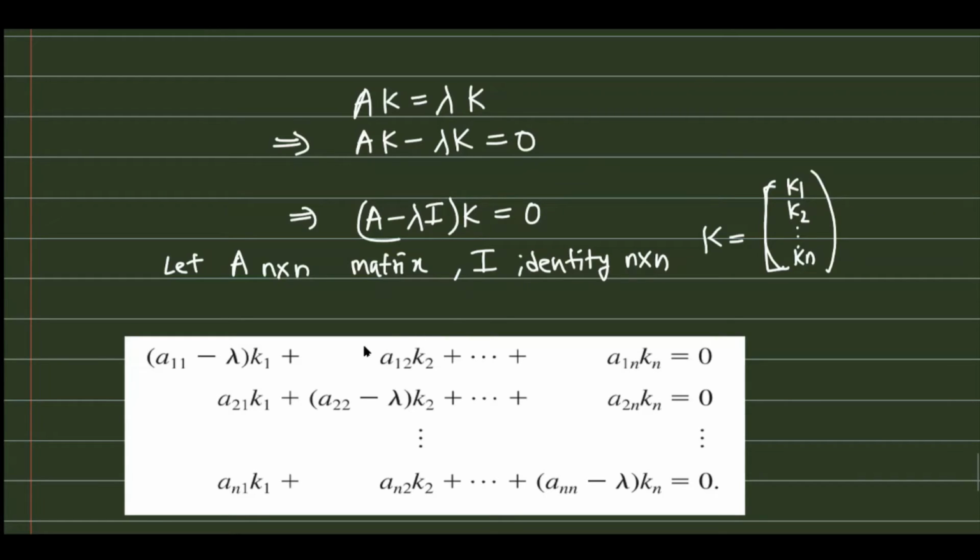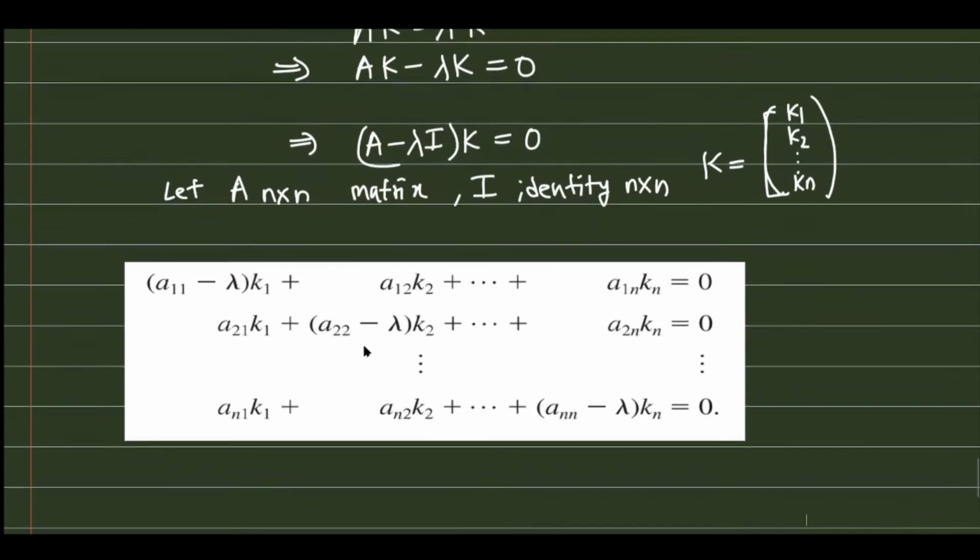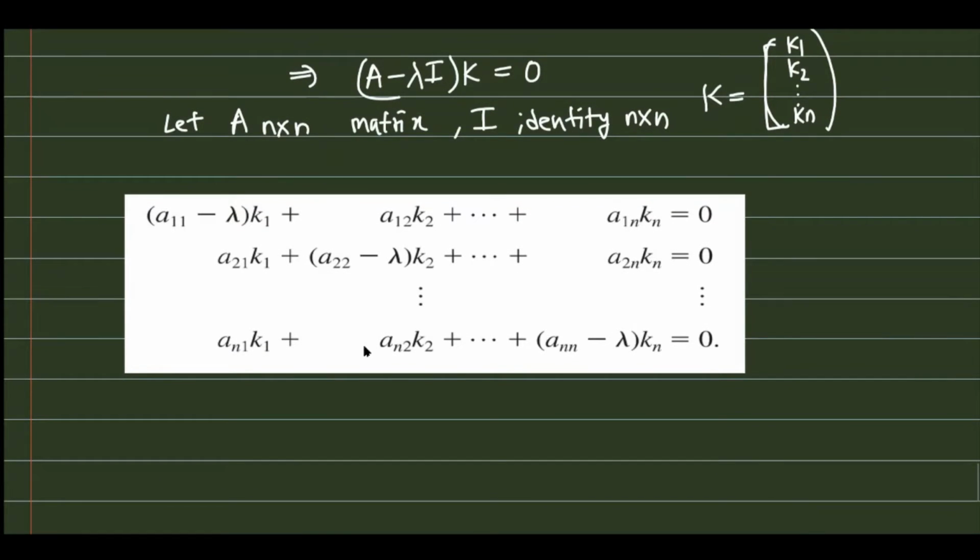If the matrix A has the entries A11, A12, etc., A1n, A21, A22, etc., A2n, and the last row AN1, AN2, etc., ANN, then if we expand (A minus lambda I) K equal to 0, we get (A11 minus lambda) K1 plus A12 K2 plus etc., last one A1n Kn equal to 0.